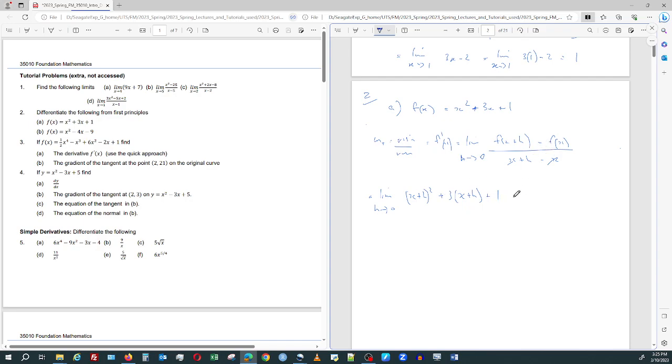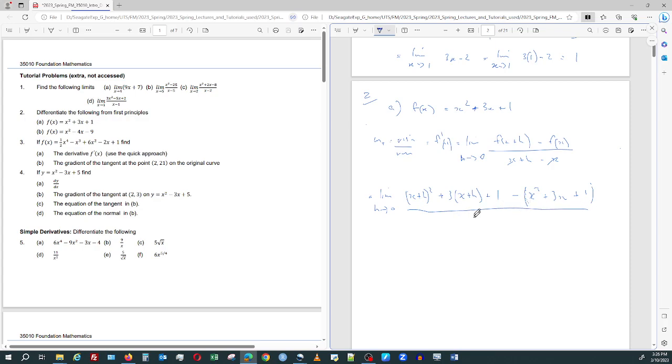Then we've got this subtraction here, and then we've got f of x, so we've got x squared plus 3x plus 1. Now I'm going to put it in a bracket. I know it's not in a bracket up here, but I'm going to put it in a bracket just because I want to remind us that we have to do an expansion.